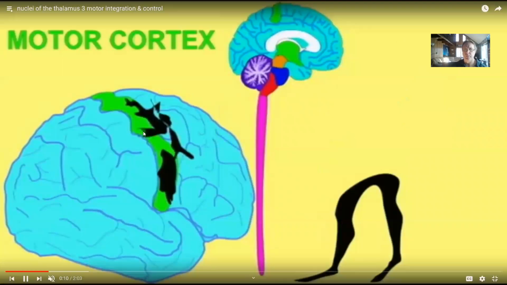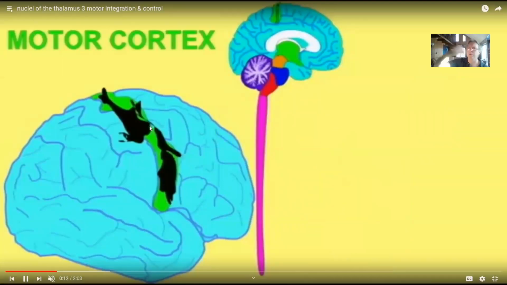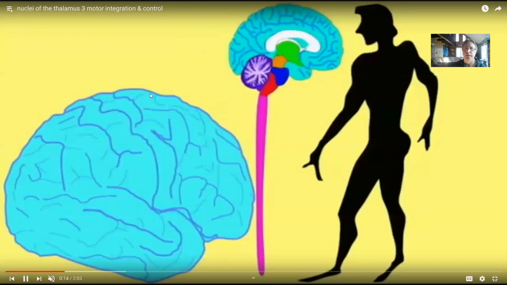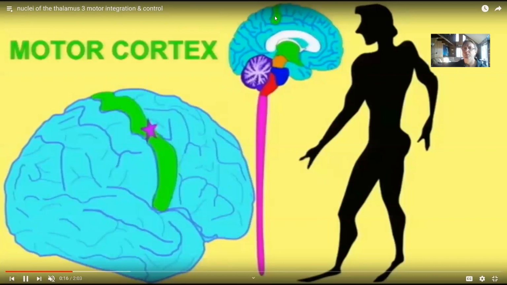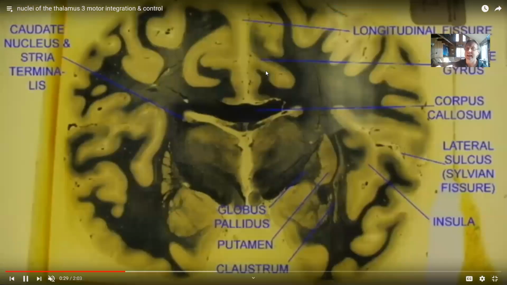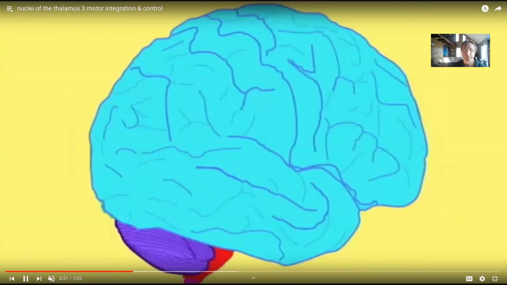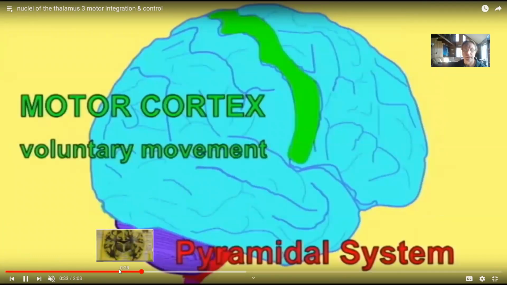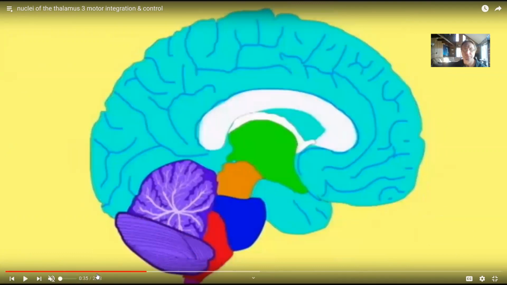Because there's an arm area, and when you have electrical activity here, then you move your arm. That's what I think of when I think of the motor cortex. And this motor cortex then sends messages to the arm through the corticospinal tract, going from the cortex to the spinal cord. Yes, but there's more, because there's obviously involuntary centers which are contributing to movement as well.